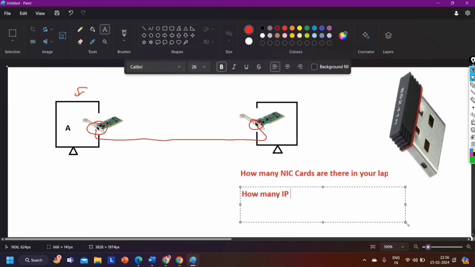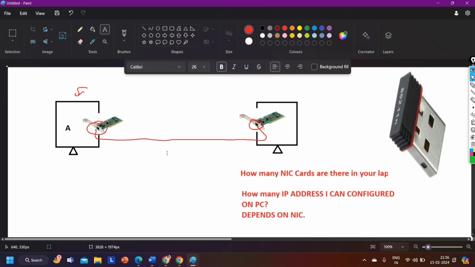One IP address is required on one port. Correct? An IP address is nothing but the identification of a port. How many IP addresses can I configure on a PC? It depends on the NIC. Got it?